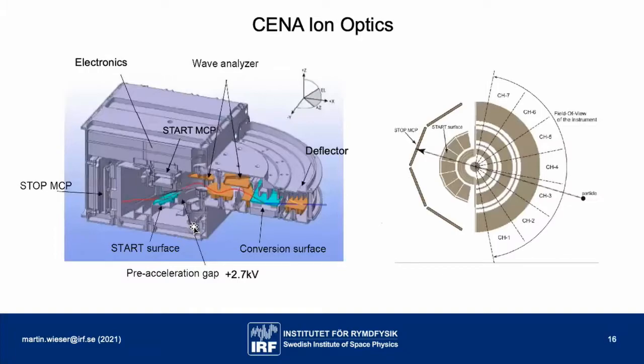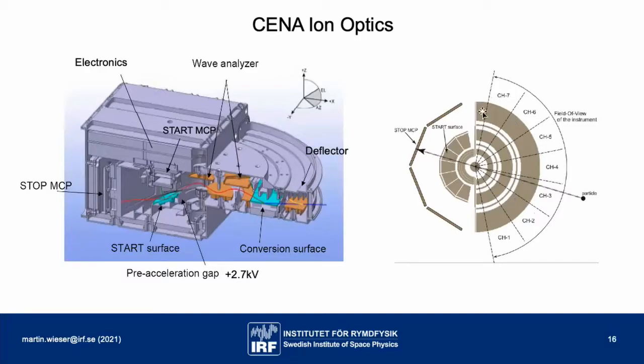If you now look a bit more at the overall ion optics of the SARA instrument, then it looks like this. So we have a half-circle shaped entrance system where on the outermost radii the ion deflector is placed. It's also shown here.